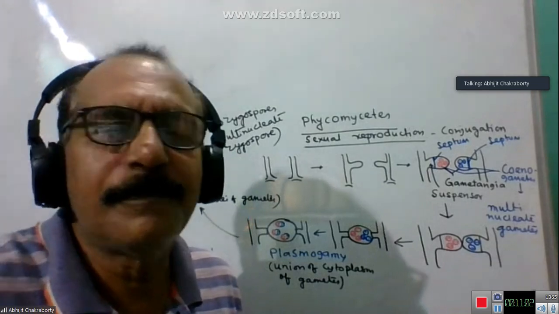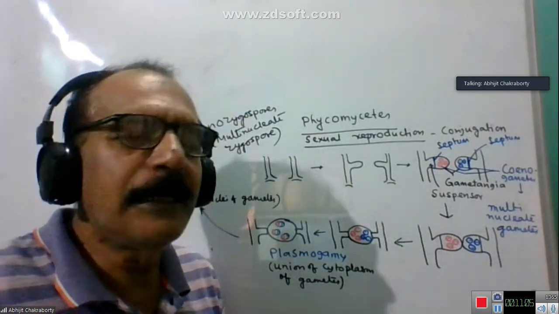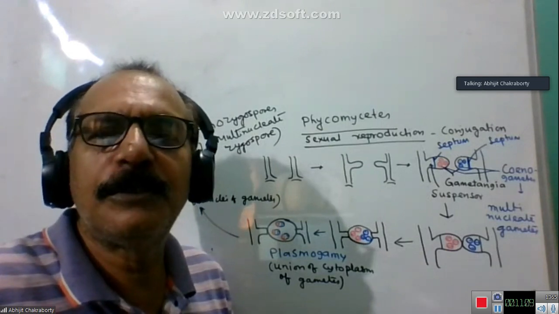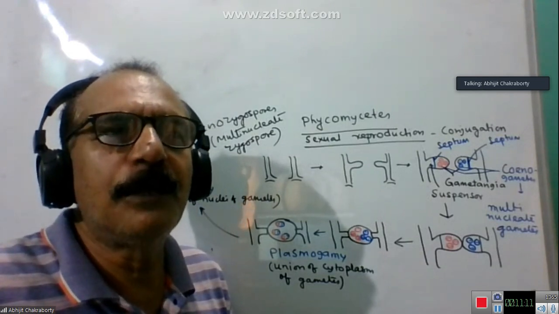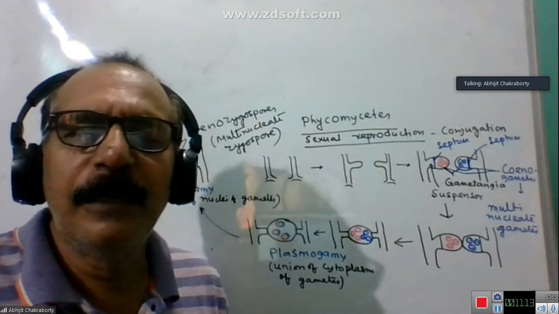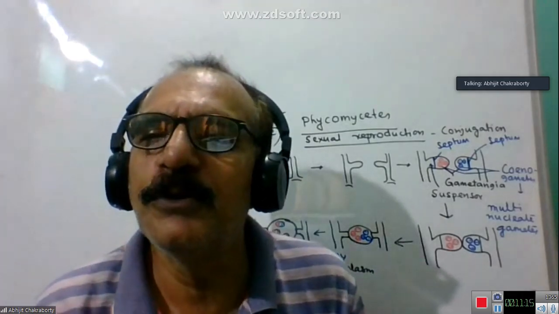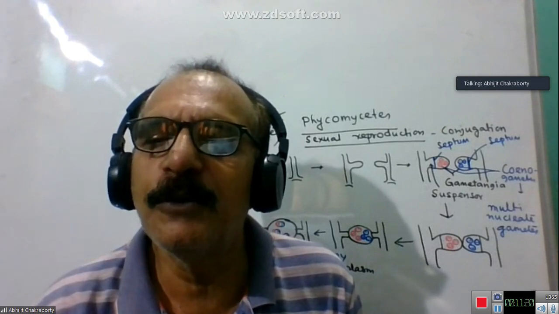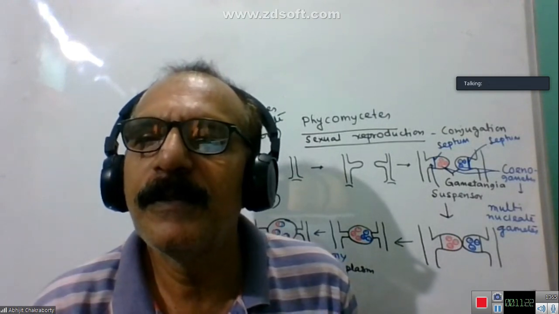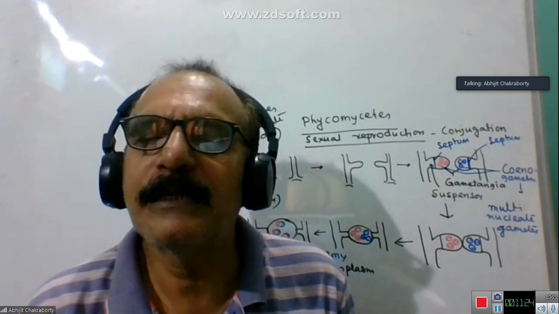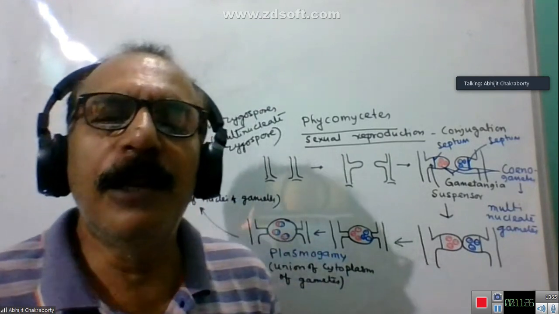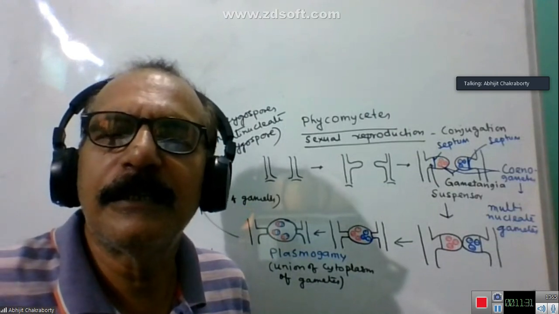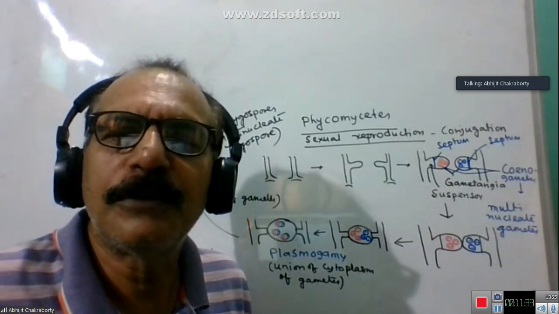Write it down now, everyone. Diploid cell produced by means of conjugation is called zygospore. Next slide. Diploid cell produced by means of fertilization is called zygote.